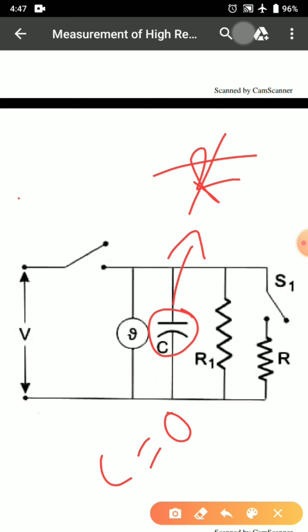This discharge is happening because, in actual practice, the voltmeter also has a small amount of resistance, and the capacitor also has a small amount of leakage resistance across it.